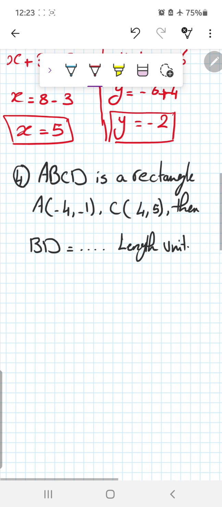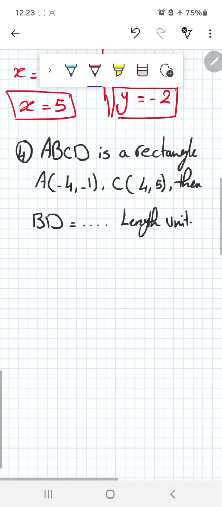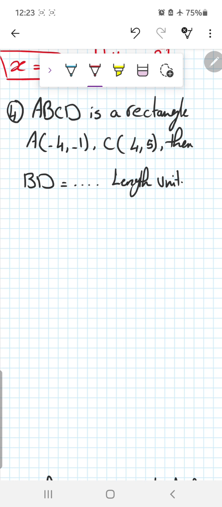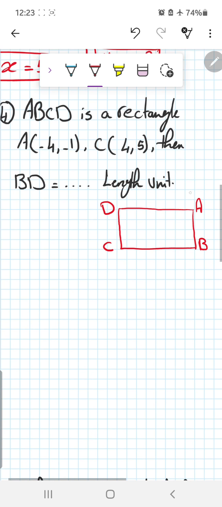Okay, number 4, ABCD is a rectangle where A is (-4, -1) and C is (4, 5). Then BD equals blank length unit. First, draw the rectangle. Here A, B, C, D. We know the coordinates of A, which is (-4, -1), and the coordinates of C, which is (4, 5).